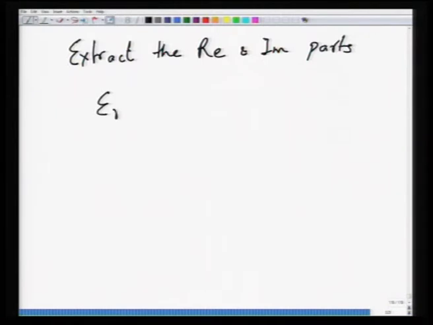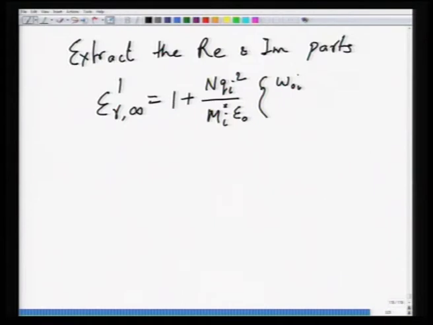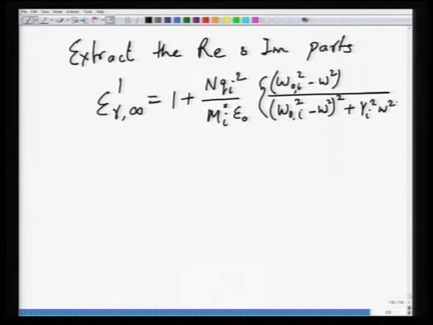This gives rise to epsilon r prime, the real part of the dielectric constant, as 1 plus n q I square divided by m I epsilon naught into omega naught I square minus omega square divided by omega naught I square minus omega square to the power 2 plus gamma I square omega square.